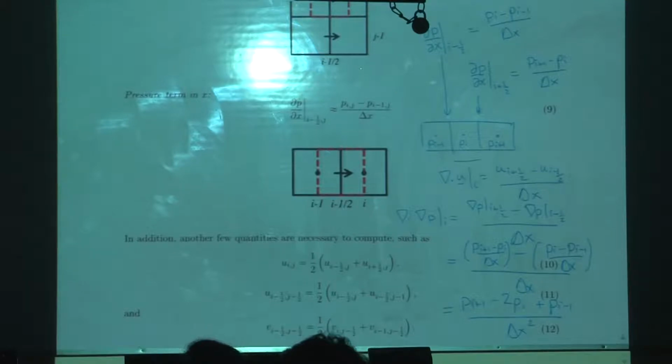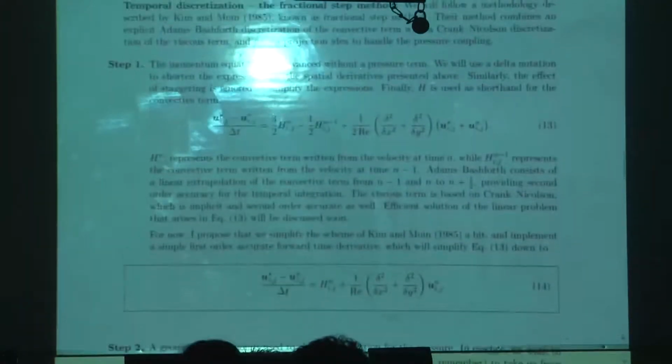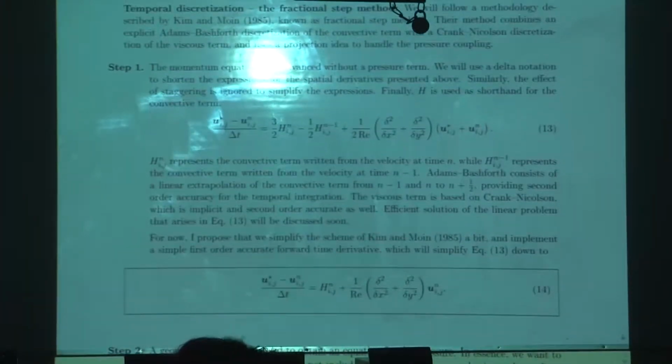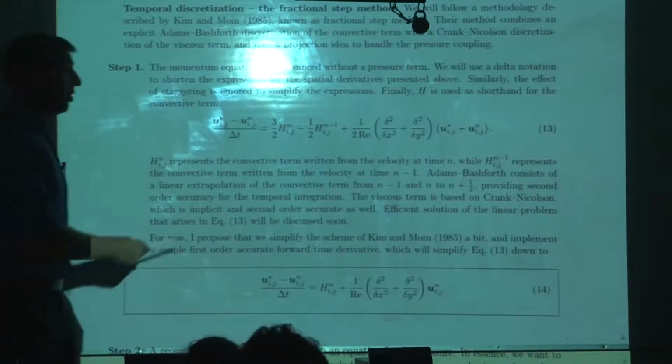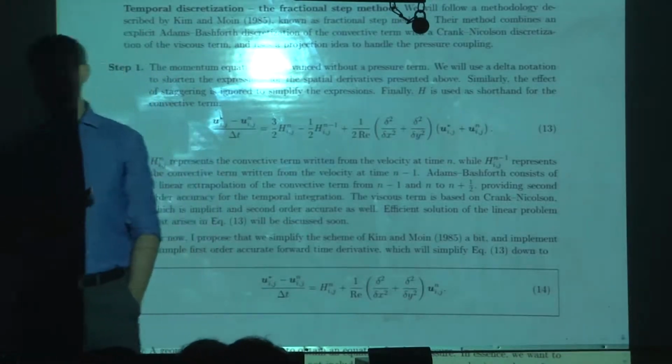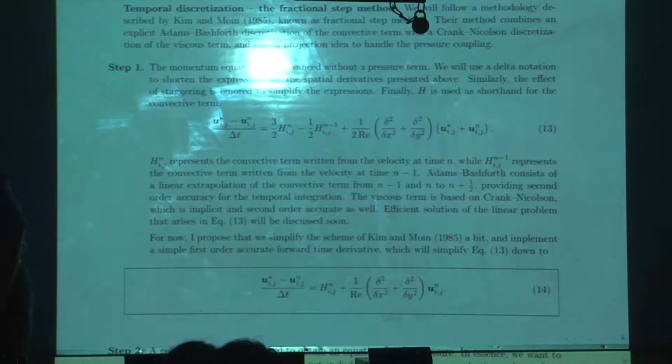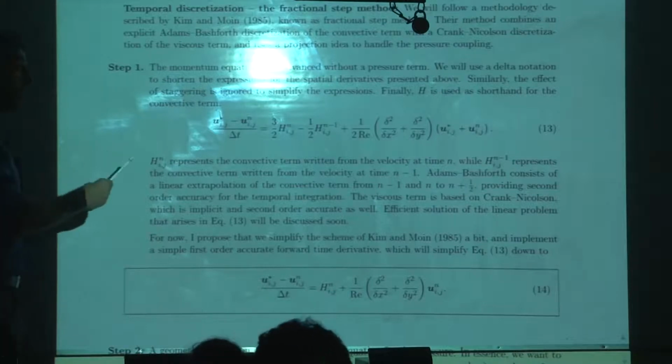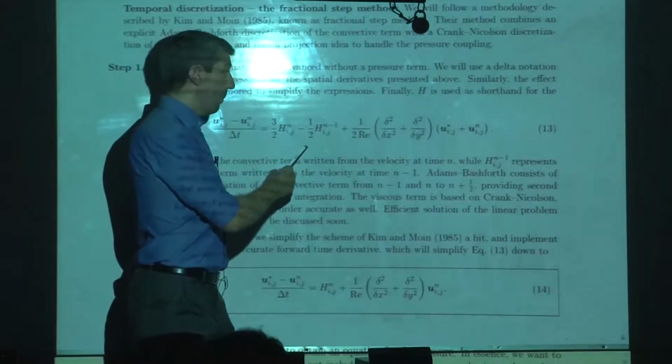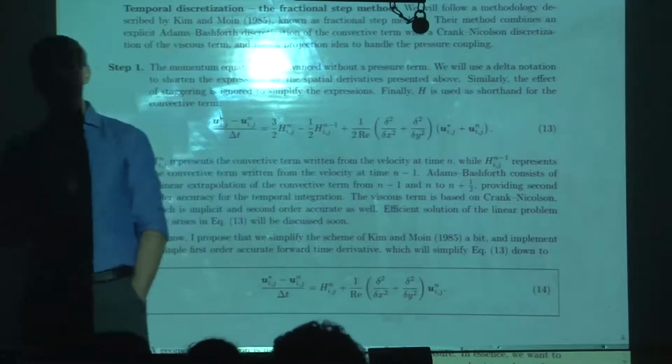My flow solver, one of the flow solvers I use in my research, is based on this method. The original method of Kim and Moin, 1985, is the following. They use exactly that spatial discretization. They did, however, use a specific temporal discretization.